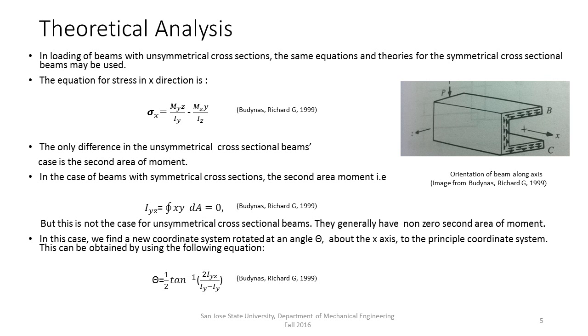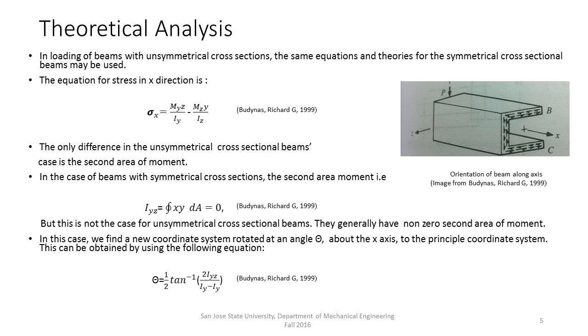In loading of beams with unsymmetrical cross-sections, the same equations and theories for the symmetrical cross-sectional beams may be used. The equation for stress in the x direction is the following, where the bending stress is along the particular axes.